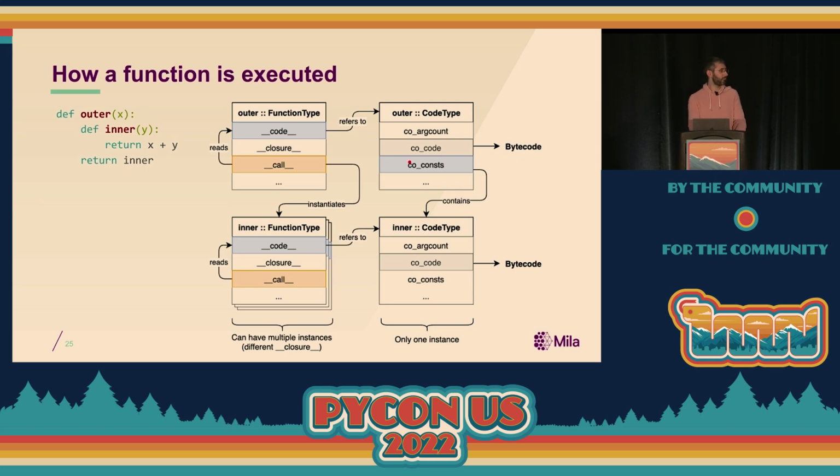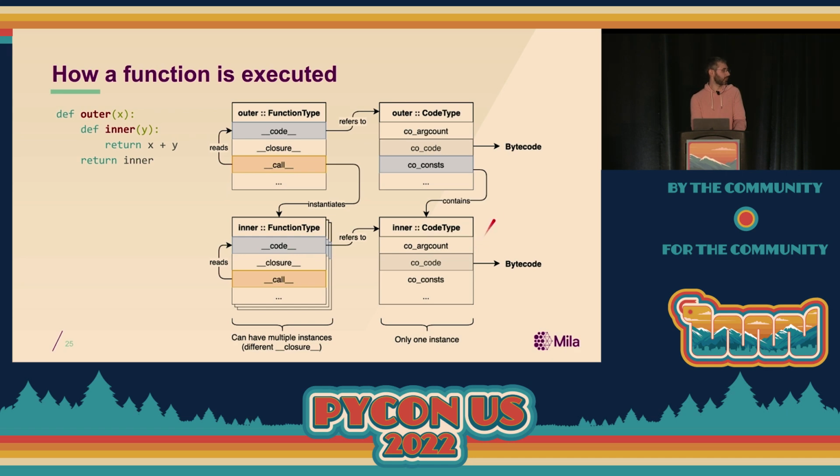If we have inner functions, then at some point we will need to create a function object for the inner function. In its dunder closure field, we will put a tuple of cells that contain the variables that we're capturing, in this case x, and the dunder code pointer will point to the code object for the inner function.